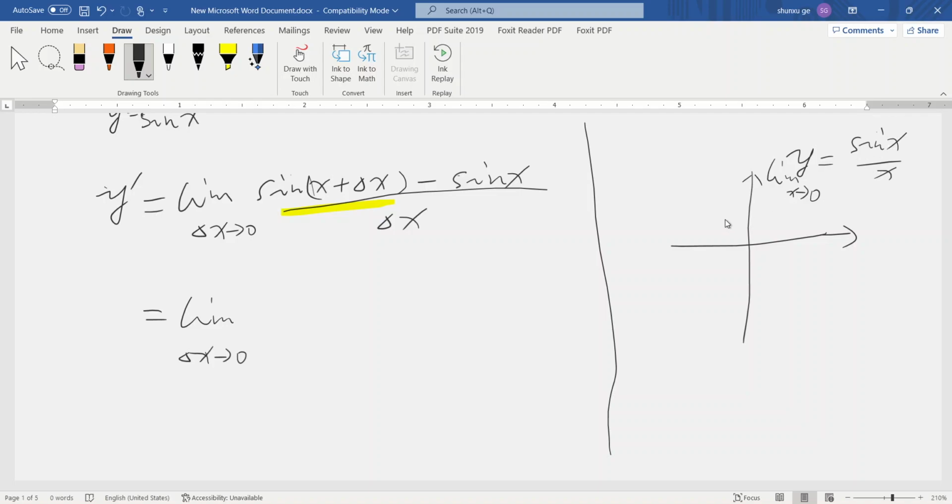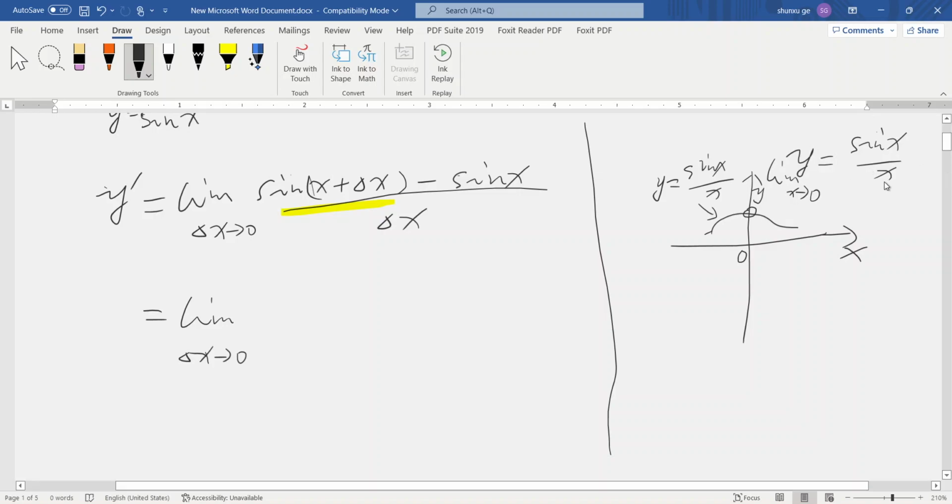The graph of y equals sin x over x is here. x cannot equal 0, because then the denominator is 0, so it's undefined.